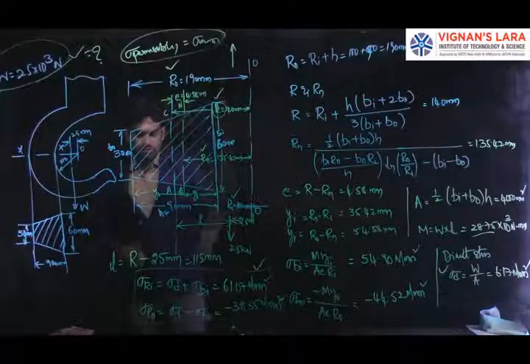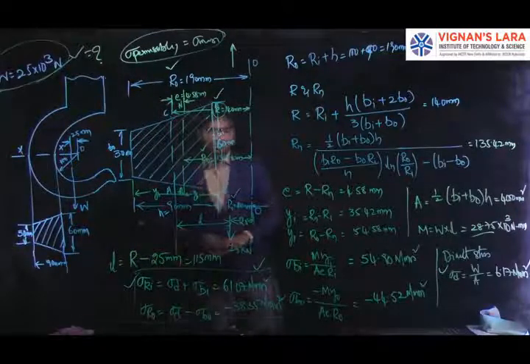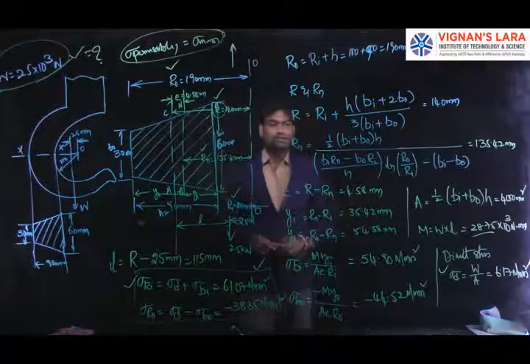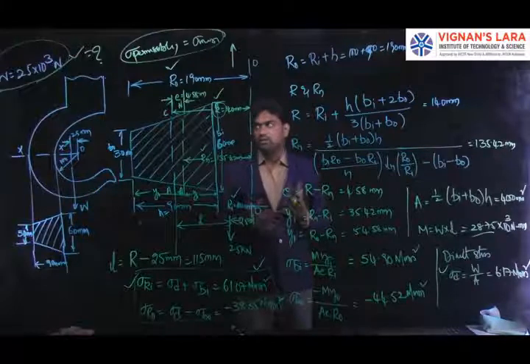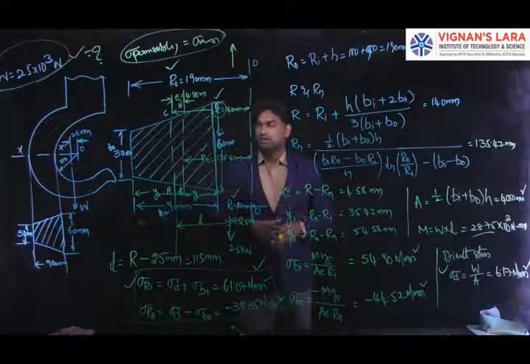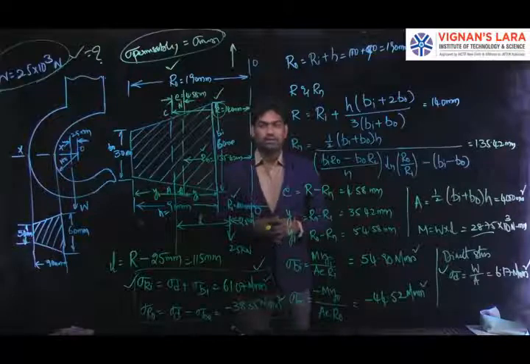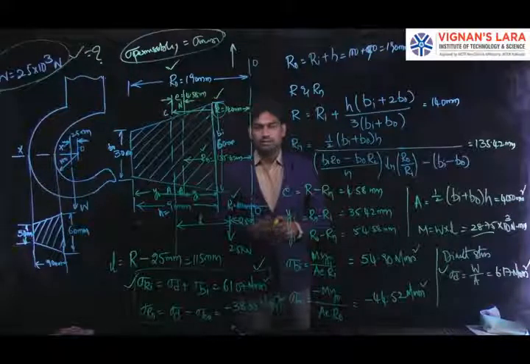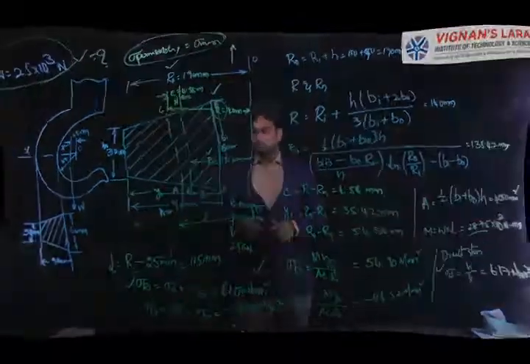The maximum stress induced is at sigma ri, so that we can find out in terms of W, in terms of load, and that can be equated to the permissible stress value. So we can find out the load or the capacity, that is, the load withstanding capacity of the crane.